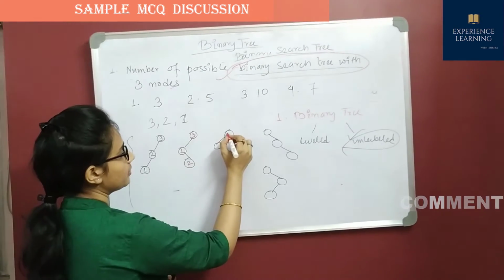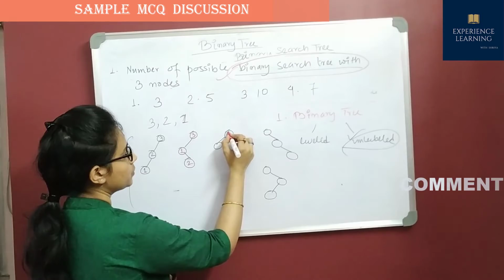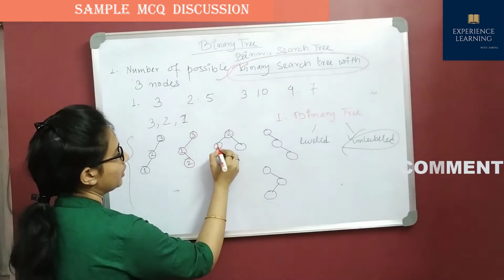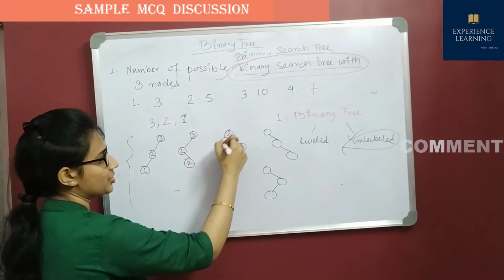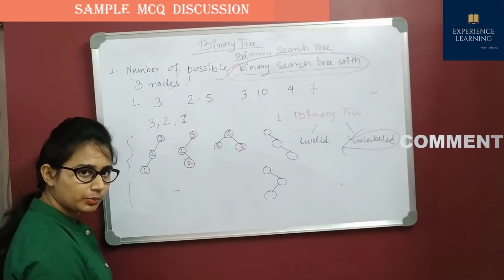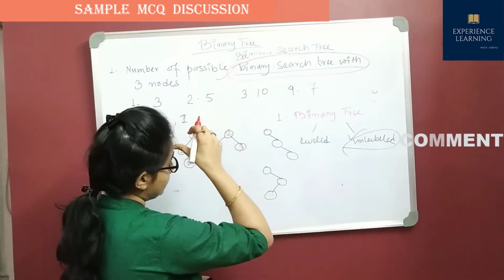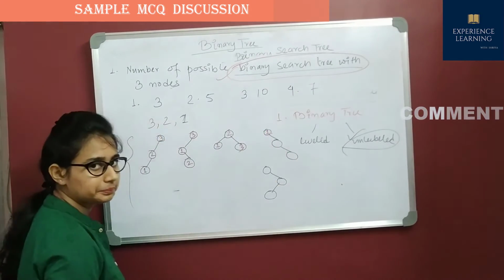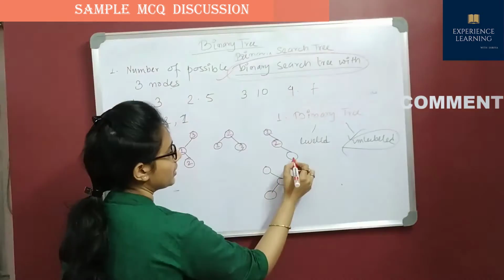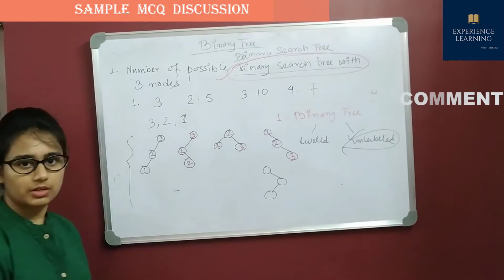Another possibility is here it will be 2, 1, 3. If you make here 3, 1, 2, it will not be possible. And the last one, here I write 1, then I can write 2, then 3, isn't it?